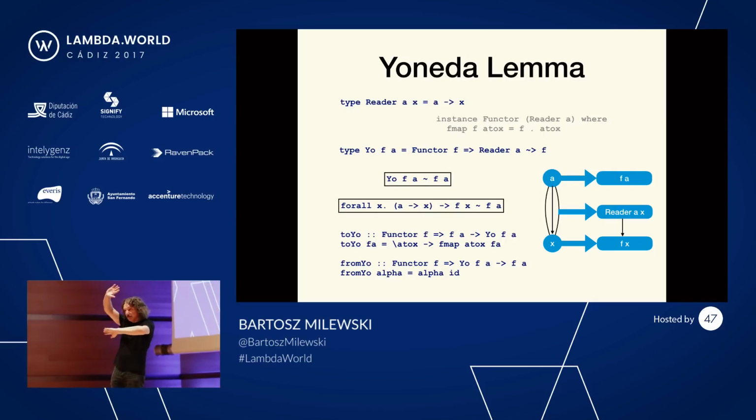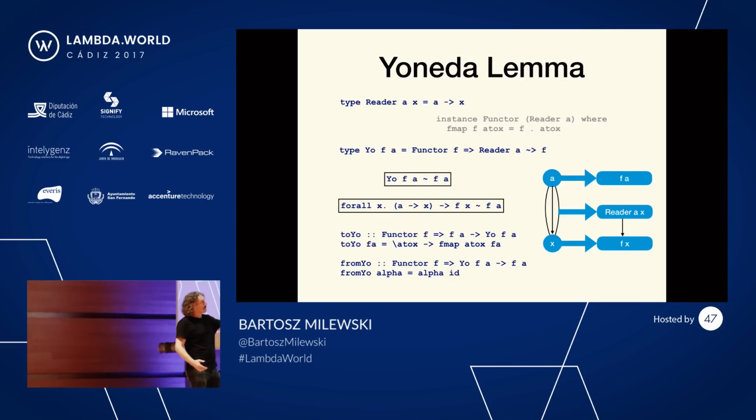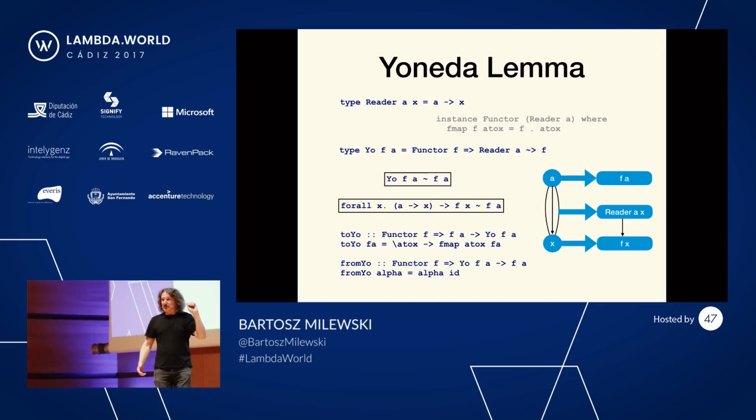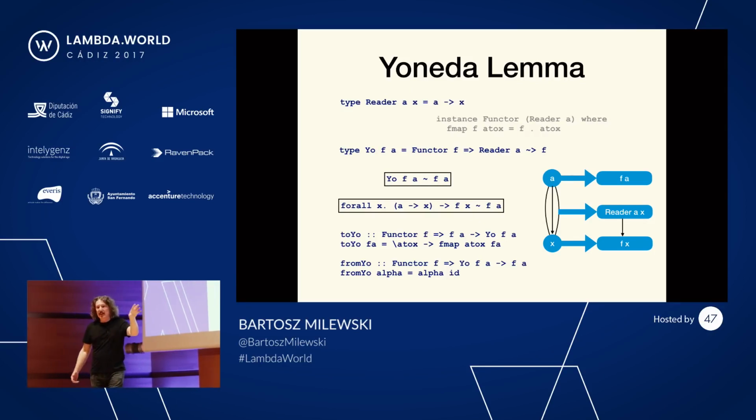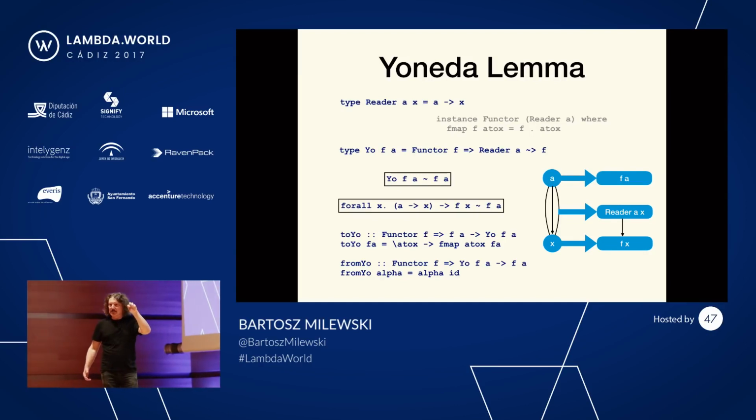So now remember, two functors, natural transformations, which is a polymorphic function, between two functors, right? The set of these natural transformations is equivalent to the value of this functor at the object A, okay?